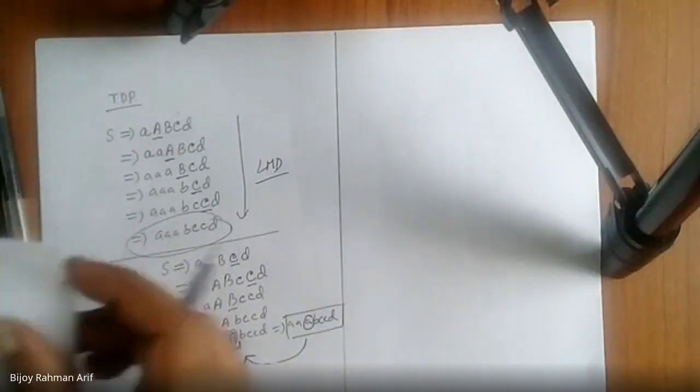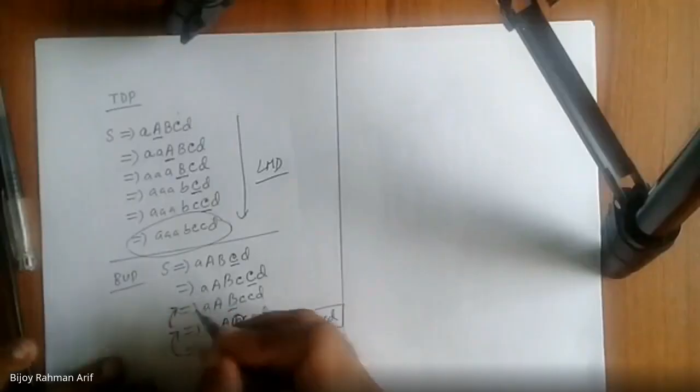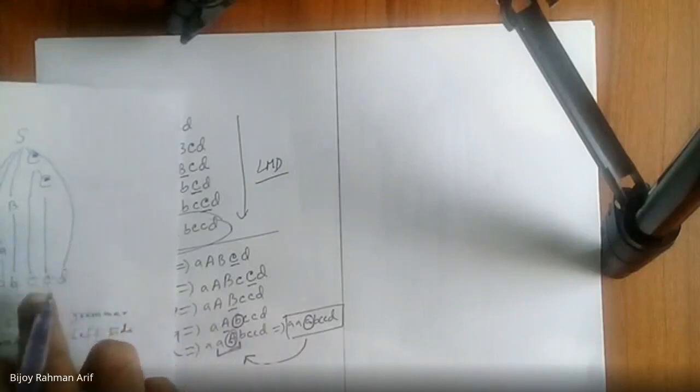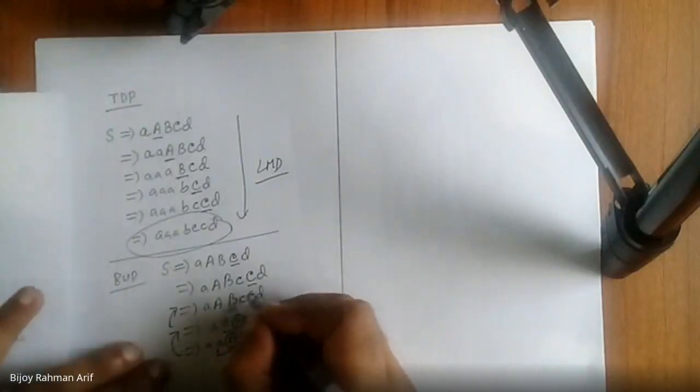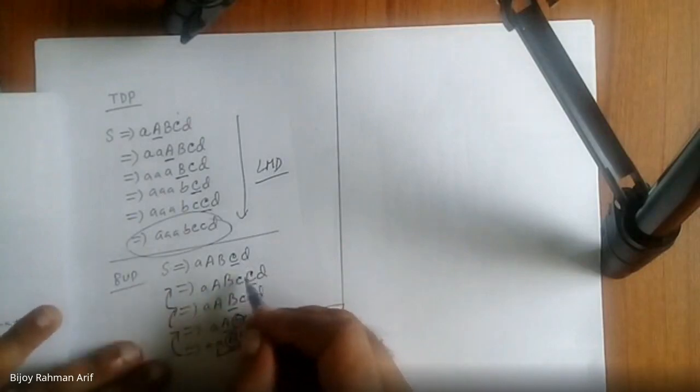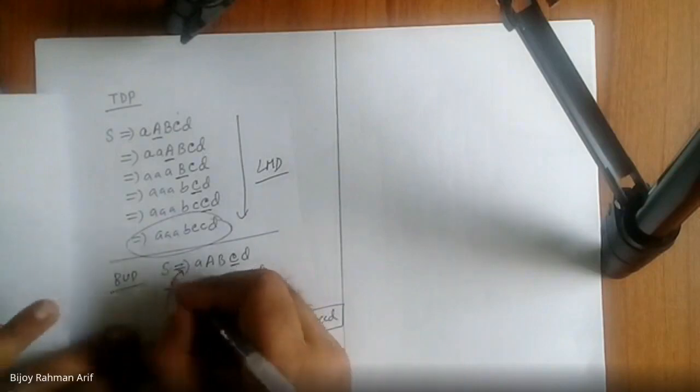Now, next step, what did we do? Capital A and small b becomes B. Then in the next step, the second C becomes capital C, and finally these two, small c and the next capital C, become this, and finally I get this.